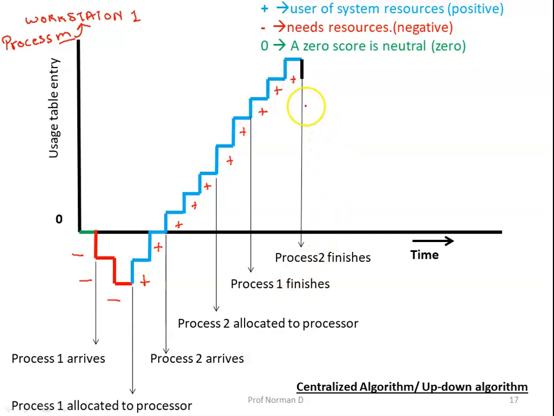Once both the tasks are executed, it will move back towards the original location. So it will move towards the neutral value, back to neutral. Just because of this negative and positive value, because it goes down and up and down, that's why the name up-down algorithm.